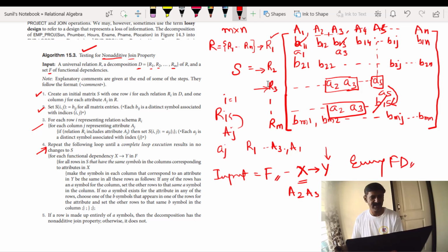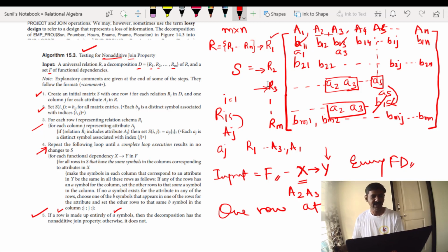After you have done all this, what is step number 5 then? In step number 5, you check if a row is made up entirely of A symbols. So you have to have at least one row with all A's, irrespective of their suffixes here.